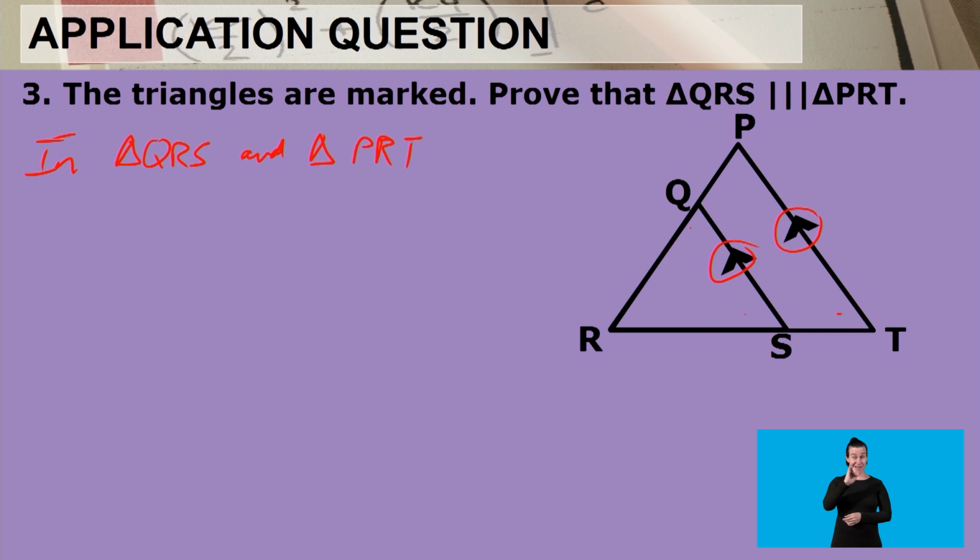We know that if QS is parallel to PT, therefore the corresponding angles are going to be equal. So that means that angle Q will be equal to angle P, and angle S will be equal to angle T. Then we say angle P equals angle Q, and because line PT is parallel to line QS, therefore the corresponding angles will be equal.